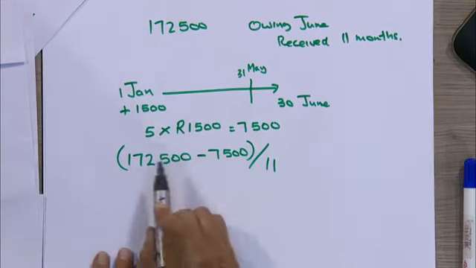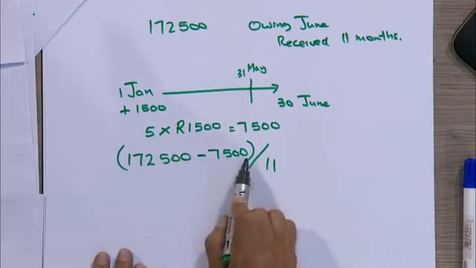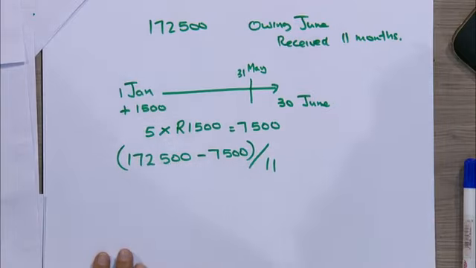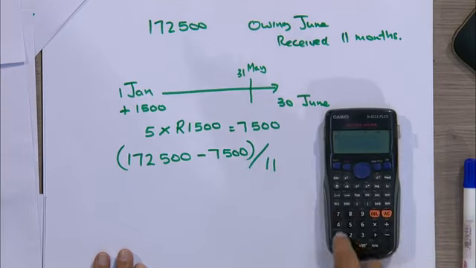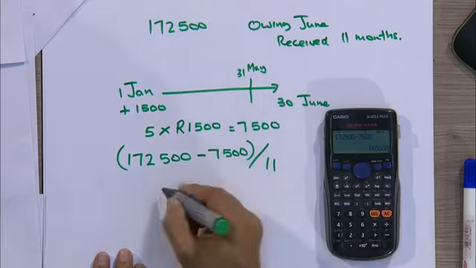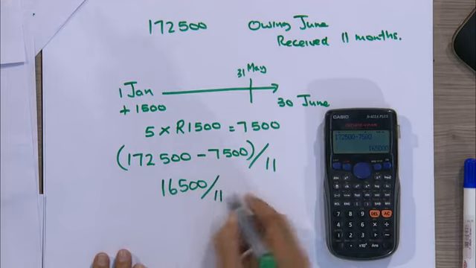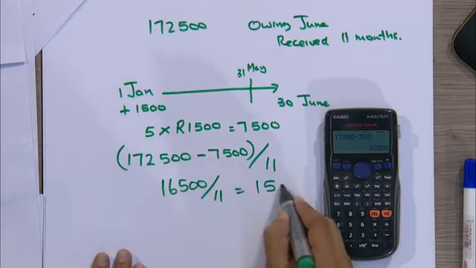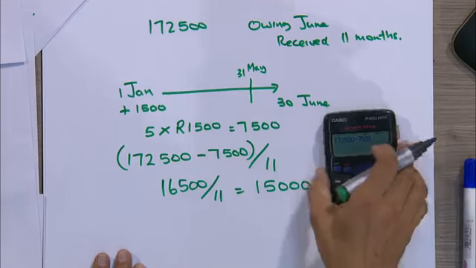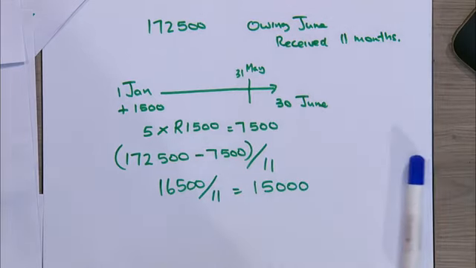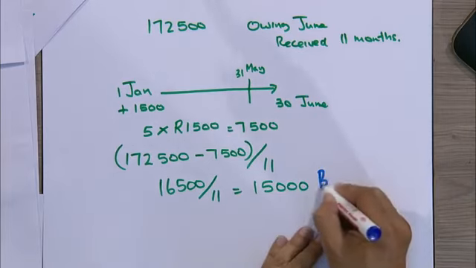Okay, so it's 172,500 minus 7,500. That gives you 165,000. Divide that by 11. We're going to get 15,000. Okay, so what's the 15,000? The 15,000 is the rent before the increase.